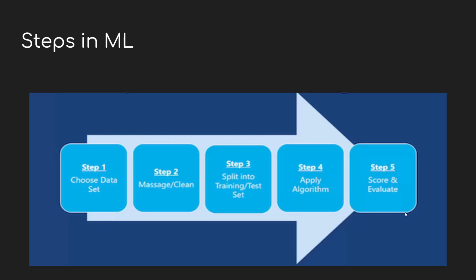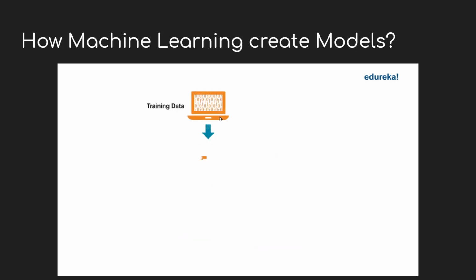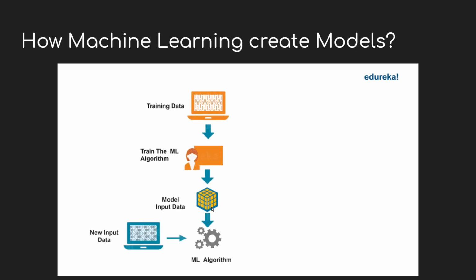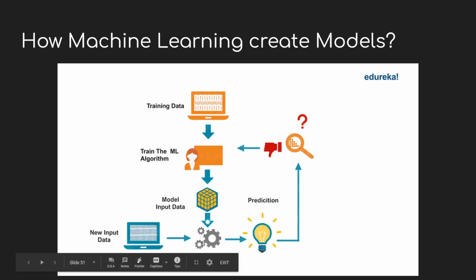Okay, so I hope you got these steps in machine learning. First you will have training data, so all the burning candles and these things will come under training. Then you train the machine learning algorithm, that is training your kid. You give the data, whatever you have collected, massaged and cleaned, and once you model the data you get a machine learning algorithm.